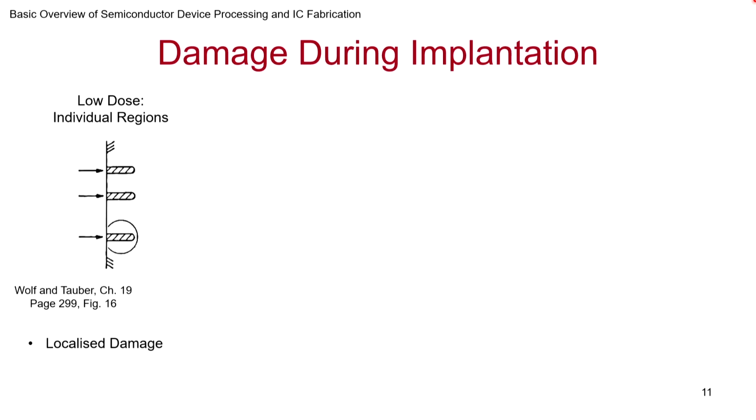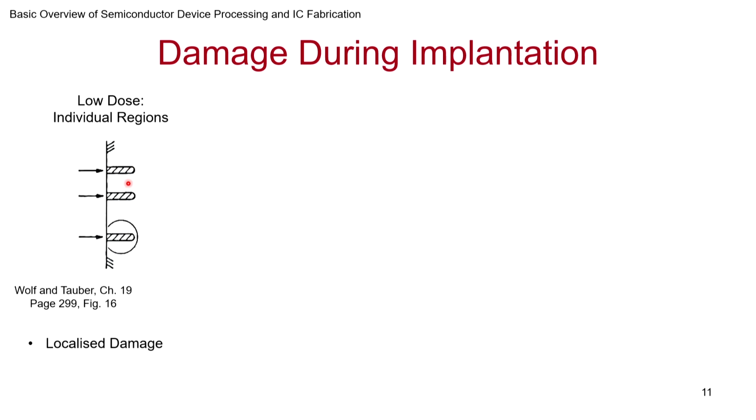If you have a low dose in individual small regions, the damage will be in those regions. With a very low dose, very few ions are actually going in, and remember that they fall off. The number of ions that go deep will be much smaller compared to where the peak value is. So usually for a low dose in individual regions, you will have localized damage.